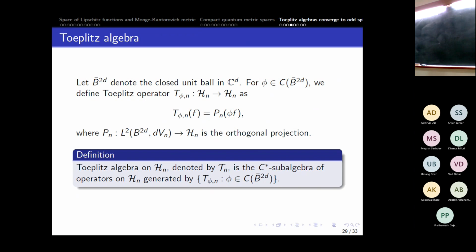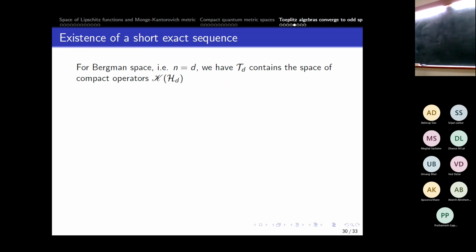The Toeplitz algebra elements are actually not too far from the Toeplitz operators. In fact, for Bergman space, when n equal to d, it's well known that any element of the Toeplitz algebra is just a Toeplitz operator plus a compact operator.